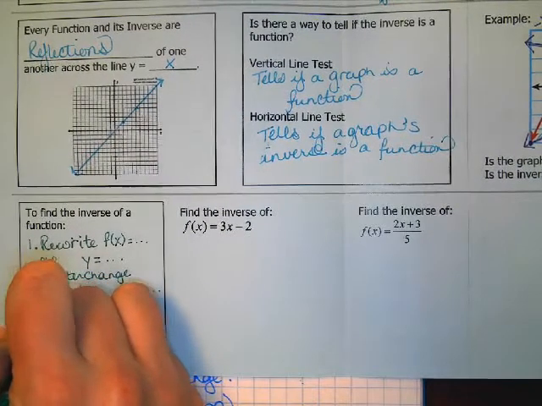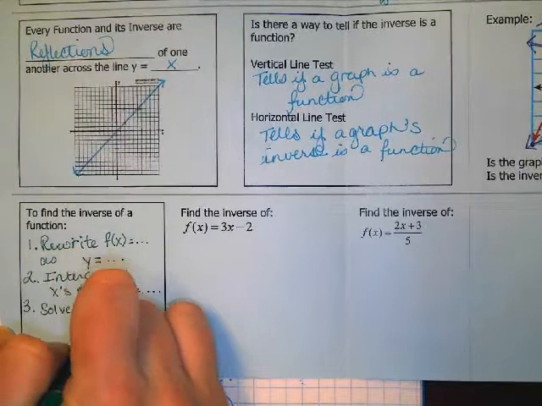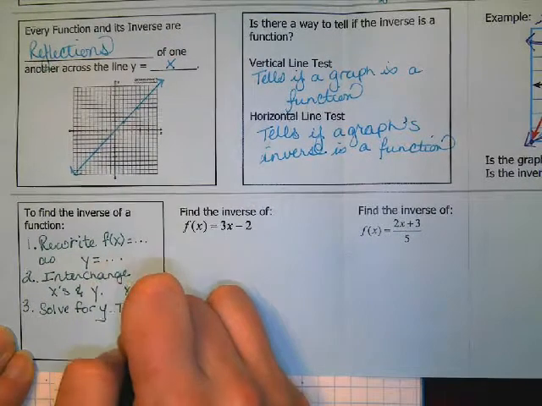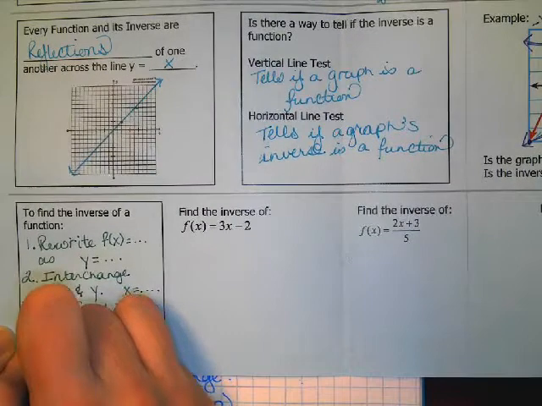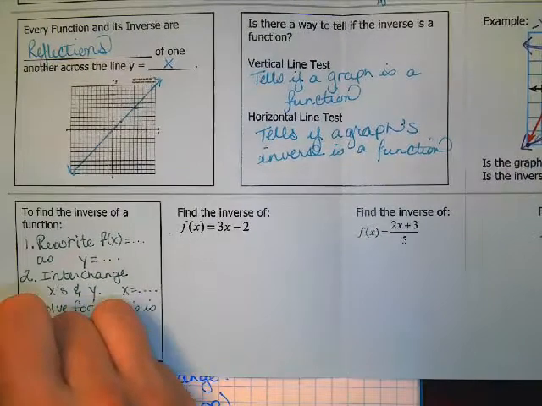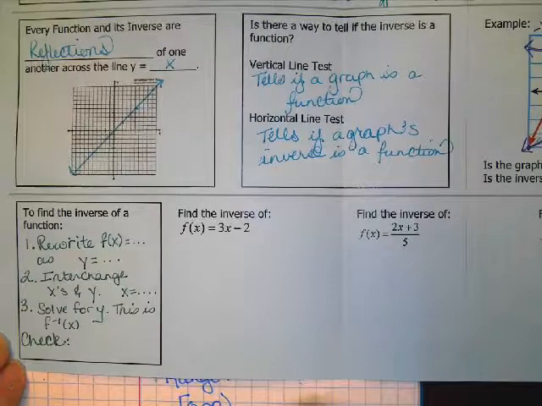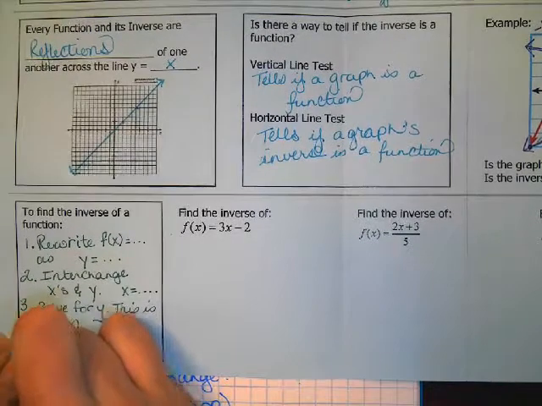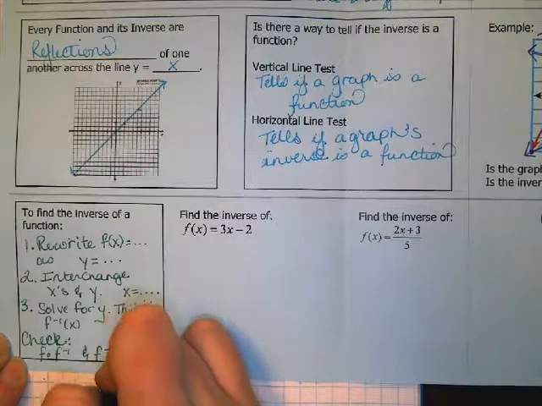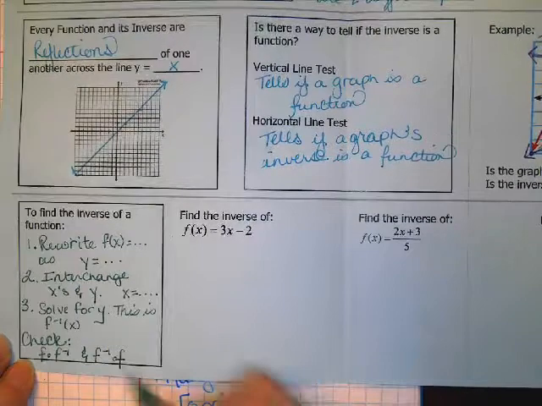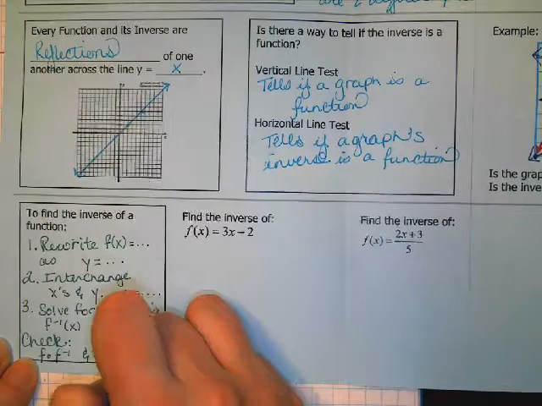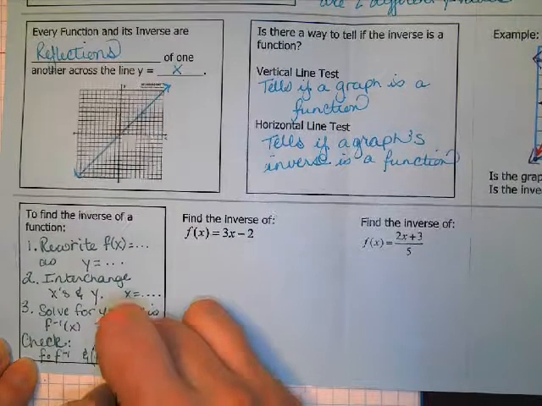Next, we're going to interchange x's and y's. So now I have x equals some stuff that has y's in it. And then finally, solve for y. And this will be f inverse of x.